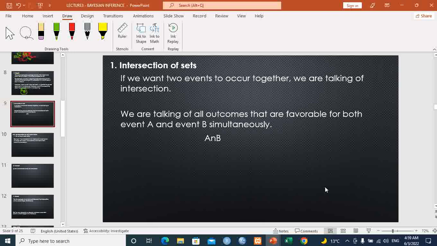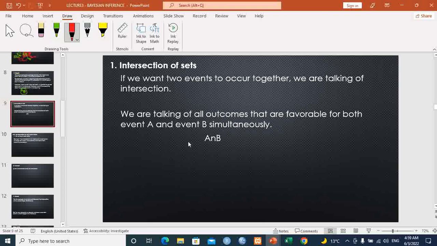So there must be a way that we have a favorable outcome for both of the sets happening together. Remember, we said all events have a set, and event is the outcome of an experiment, and sometimes we have empty sets and sometimes we have sets with elements.